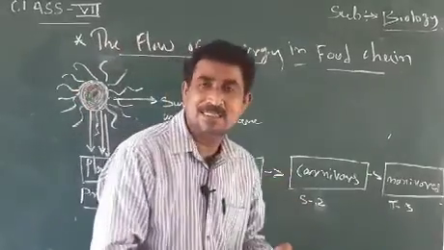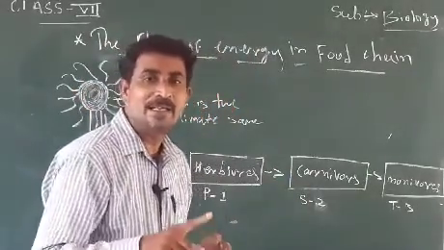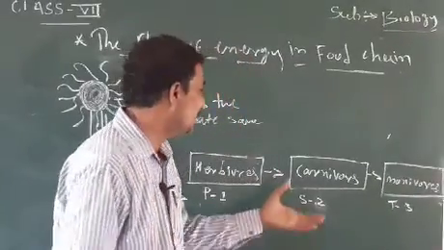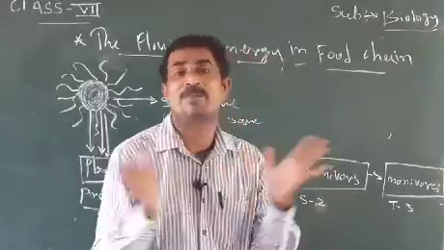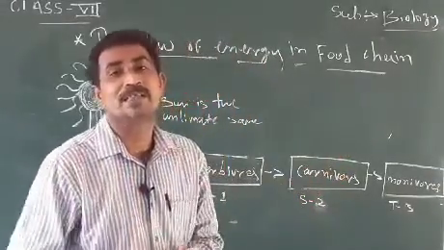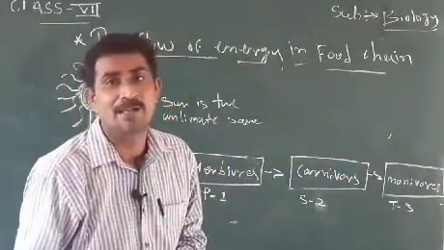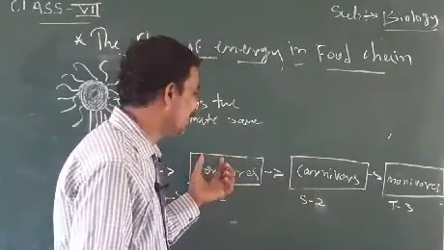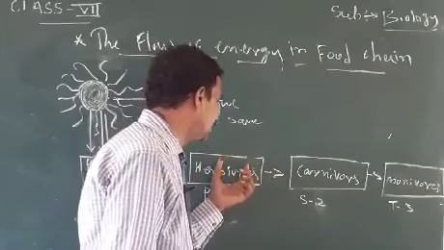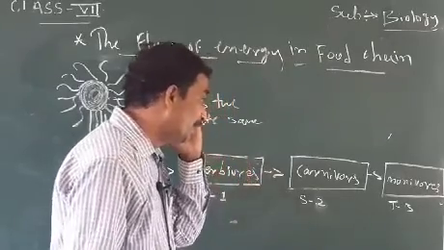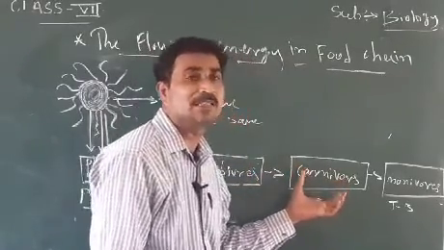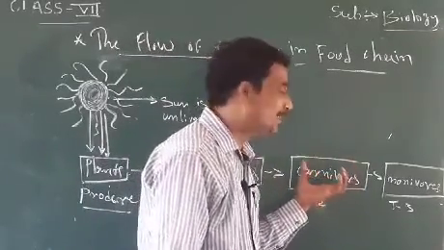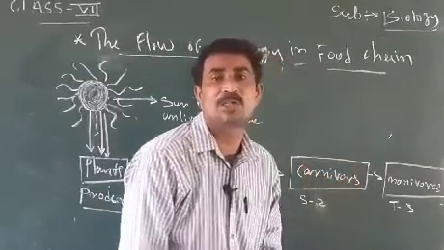Suppose a tiger, a lion, a cheetah: such animals will not eat plant food, they eat only the flesh of other animals. So when herbivorous animals are eaten by carnivorous animals, the energy in the herbivorous animals passes to the carnivorous.